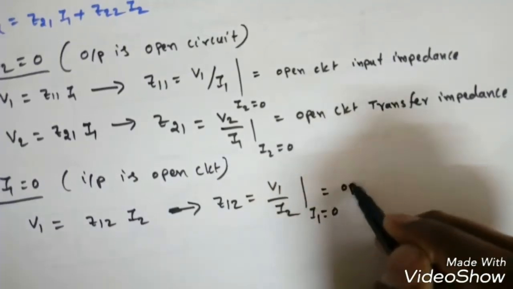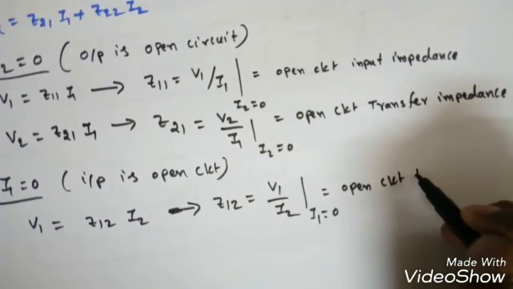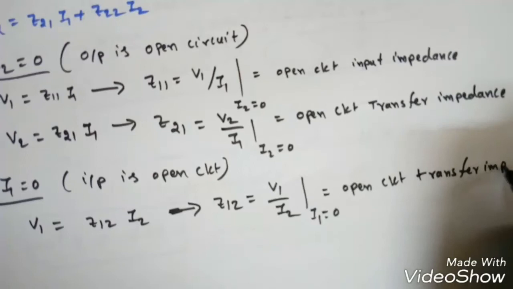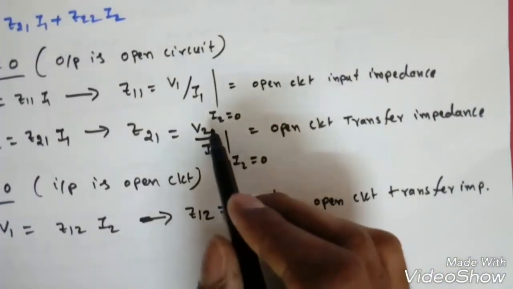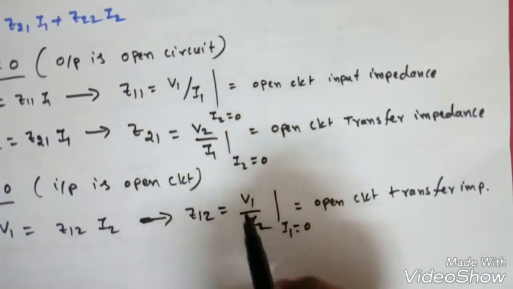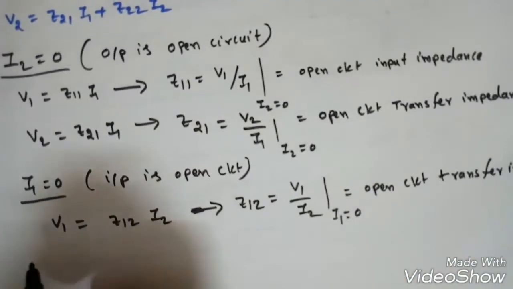This is also called open circuit V1 by I2. Again it is a transfer impedance, right? This is from V2 to V1, that is output side to input transfer. It is input side to output side transfer, right?